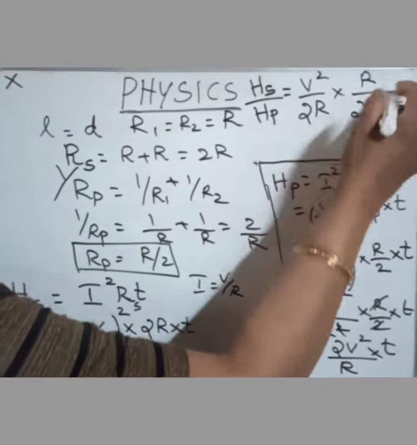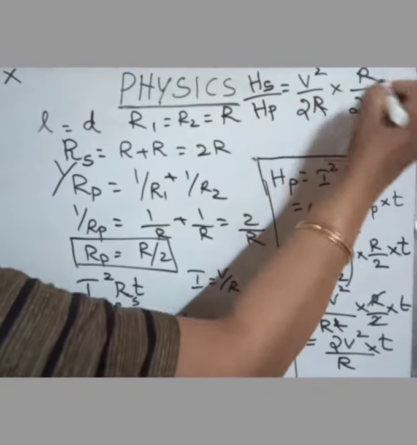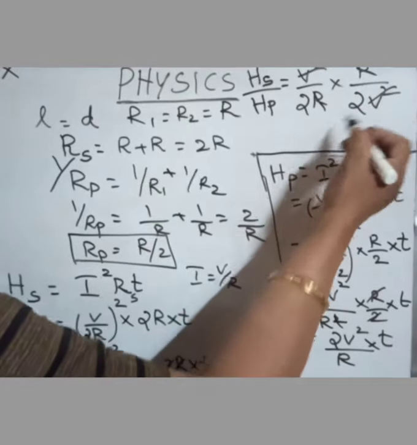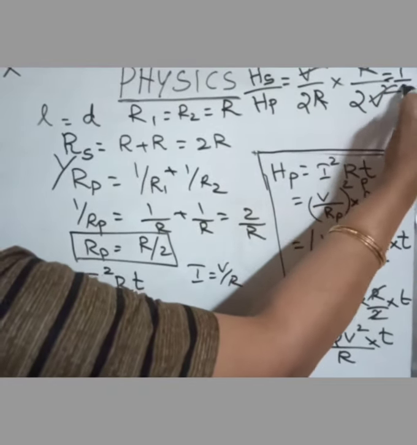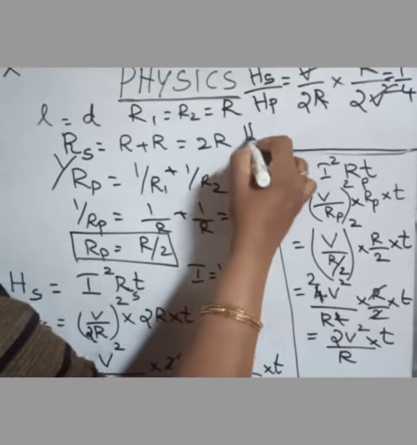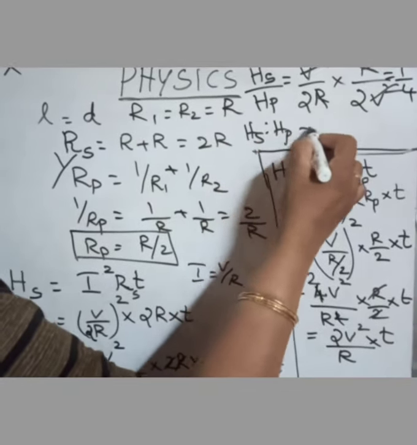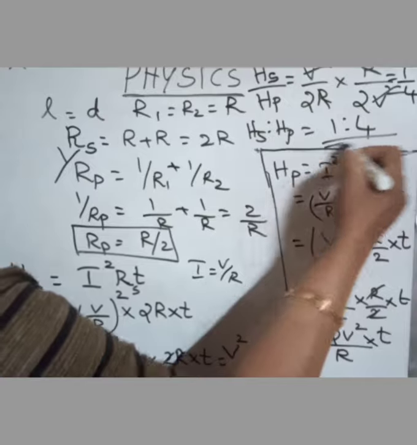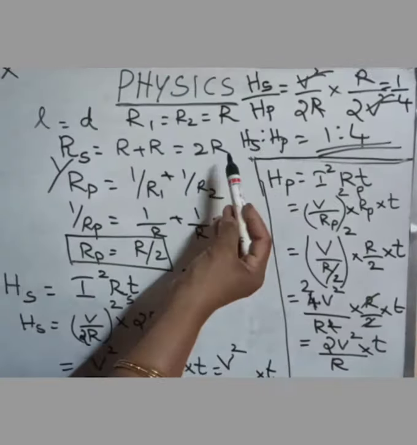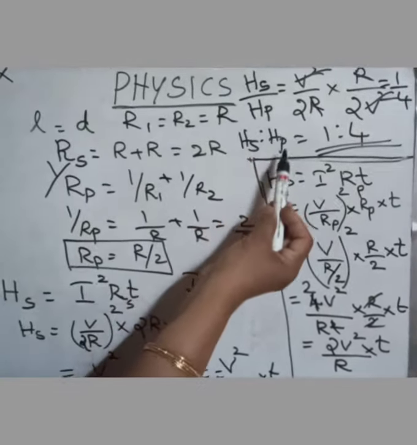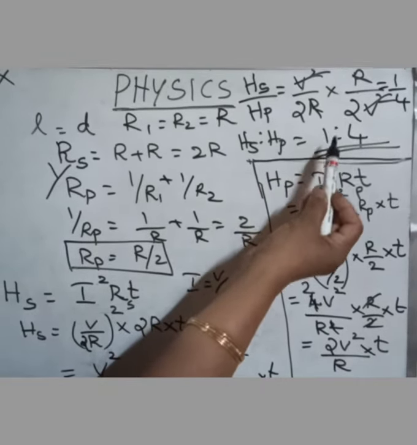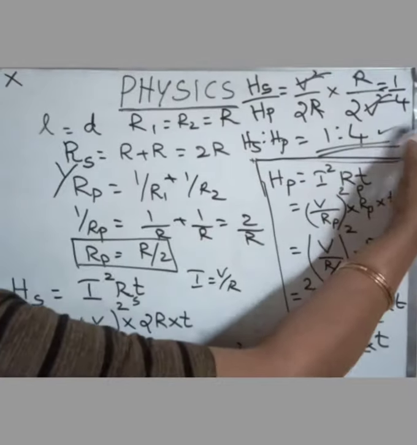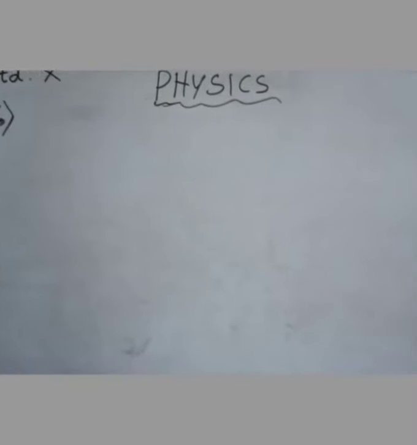So R will go off, V square will go off. So the answer will be 1 by 4. So HS is to HP equal to 1 is to 4. The heat produced by the resistor in series combination to parallel combination, ratio is 1:4. Okay? Then you know that voltmeter is connected in parallel. In sixth question, it's a very important question.